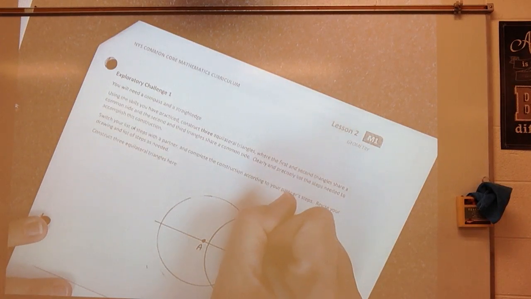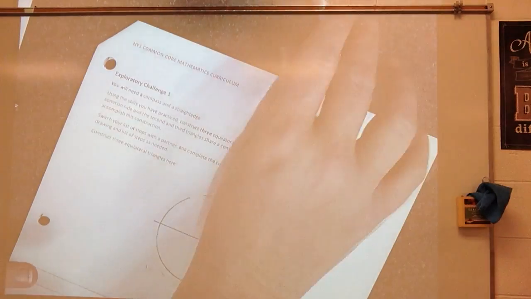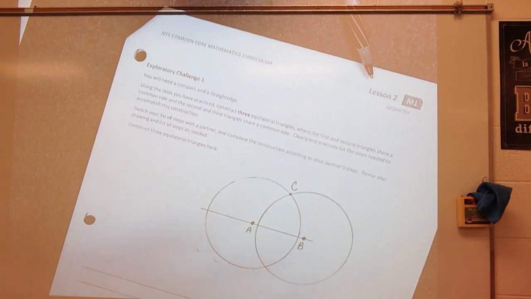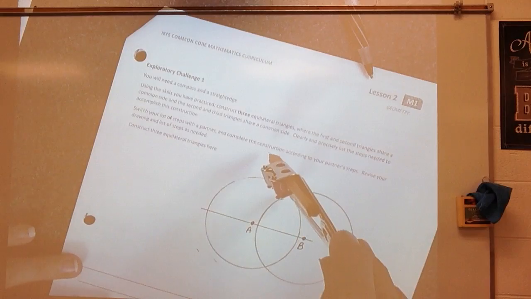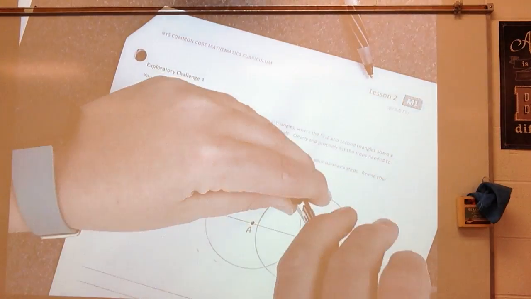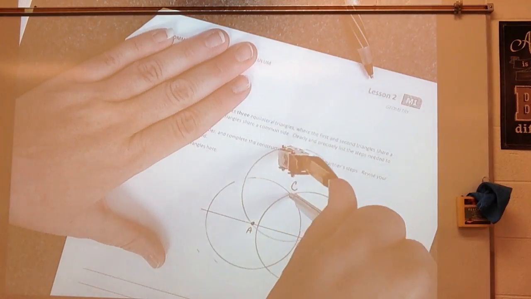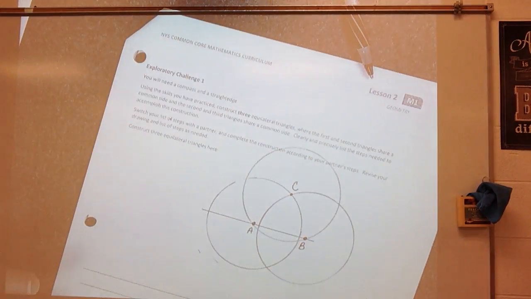We're going to label that as point C. Now, keeping the same measurement on my compass, I'm going to draw circle C. It gets kind of confusing because I have a lot going on here. So I've got circle C.